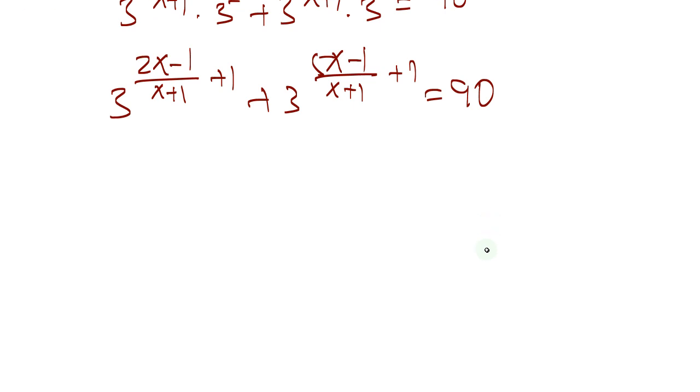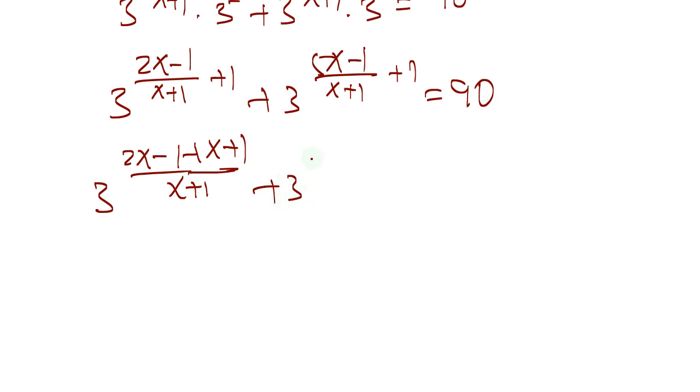Okay, from here, let's solve this. We have then 3 to the (2x minus 1 plus x plus 1), common denominator x plus 1 here, and then plus 3 to the (5x minus 1 plus x plus 1), all divided by x plus 1, and this is equal to 90.